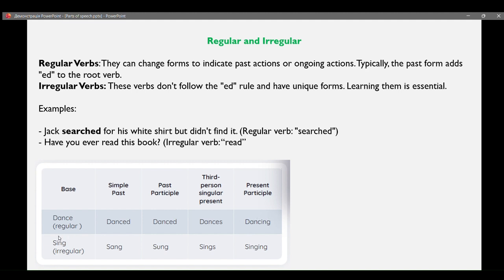But sing is totally different. Here we have sang for past simple. Here we have sung for past participle. For he, she, it we have sings. And present participle is singing. Please remember that these words you should write in your dictionary and your notebooks because it will help you a lot.